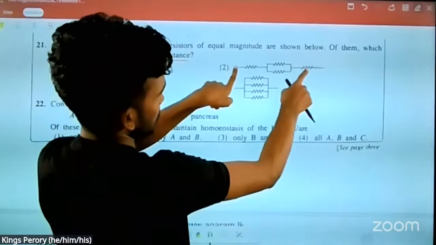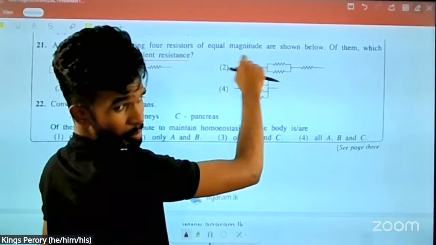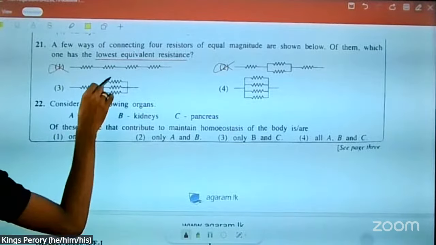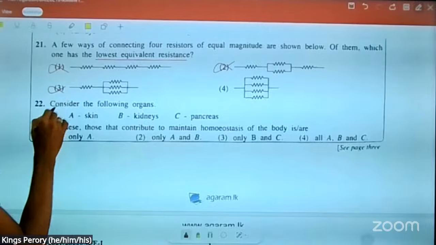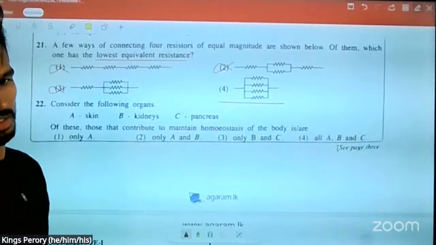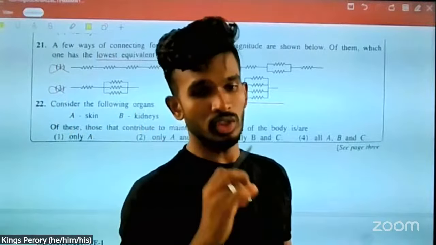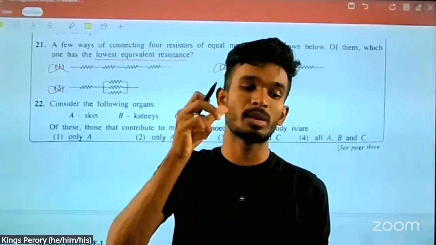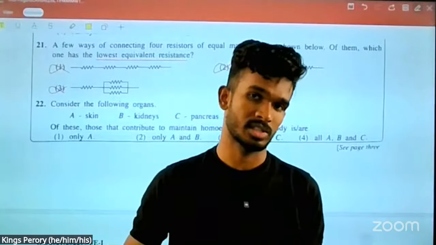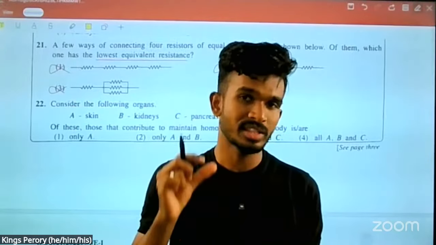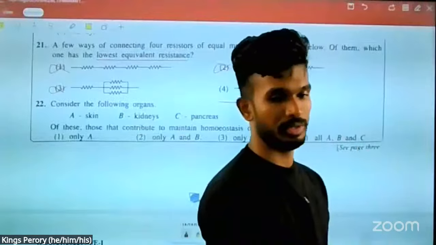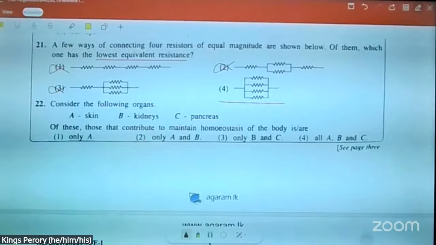Here, two in parallel, the others in series, wrong. Here 3 in parallel, 1 in series, no. Here all 4 in parallel, lowest resistance. The more you connect the resistors in parallel, the more you can reduce the equivalent resistance. Answer is option 4.